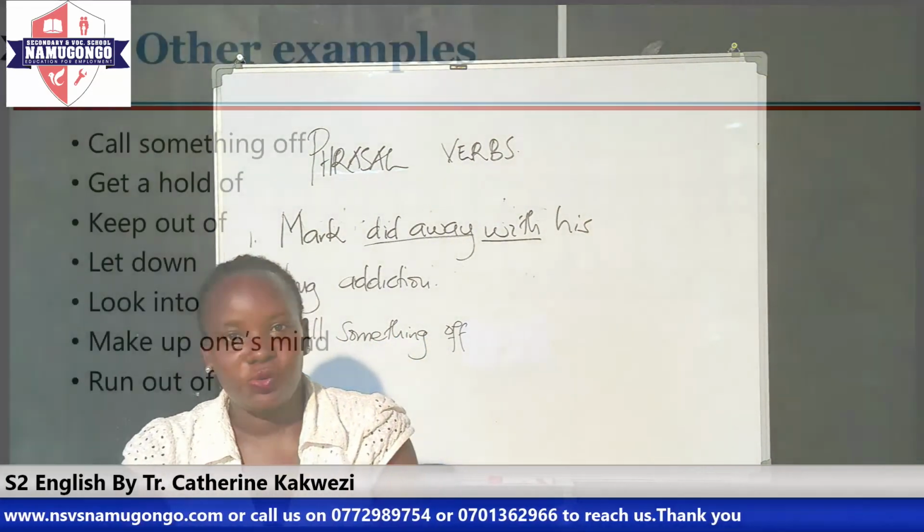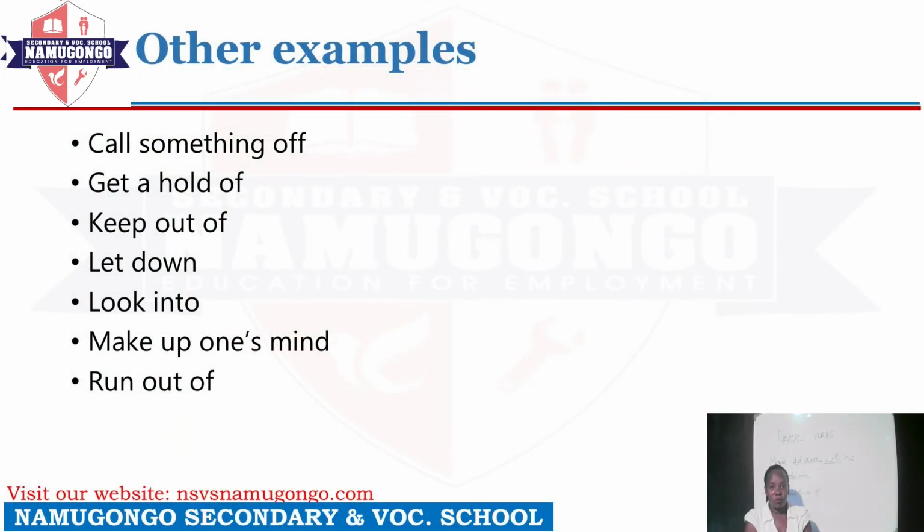There are other examples. To look into. Look into means, okay, I am going to reconsider. When someone says, I'm going to look into your issue, they mean that I'm going to study, weigh the options, and reconsider in case there is something that has to be done. Going forward, we have make up one's mind. Making up one's mind is to decide.